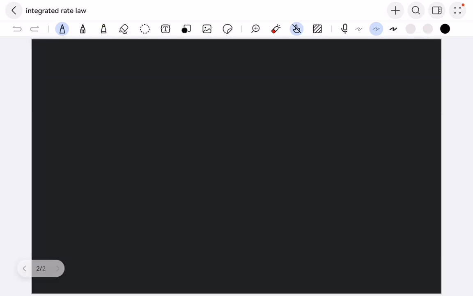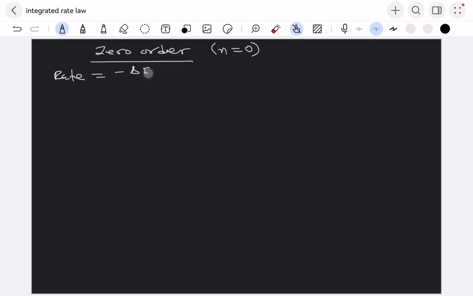We'll start with what we call the zero order. When we say zero order, your n is equal to 0. Now, we know that rate is expressed as the negative change of the concentration divided by the change in time.